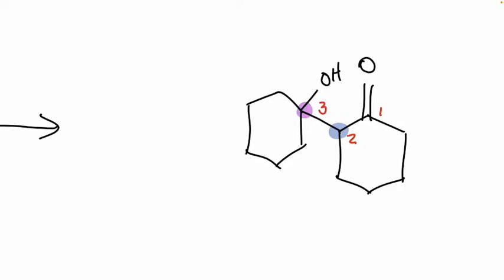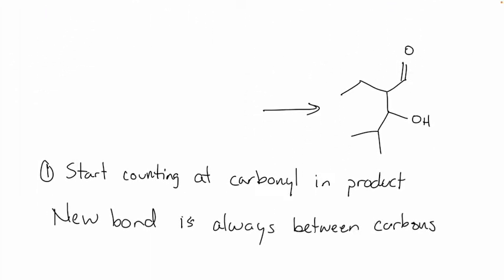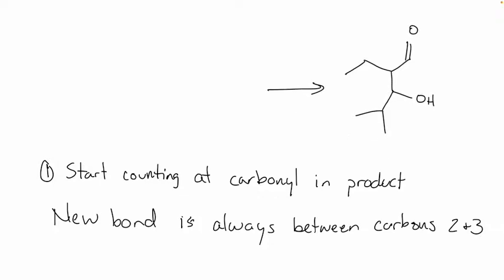So if I start counting at that carbonyl carbon, my new bond is always going to be between carbons 2 and 3. So let's say that we're trying to work backwards from this molecule here. Try to identify where that new carbon-carbon bond is. That'll help us figure out what our 2 reactants were.